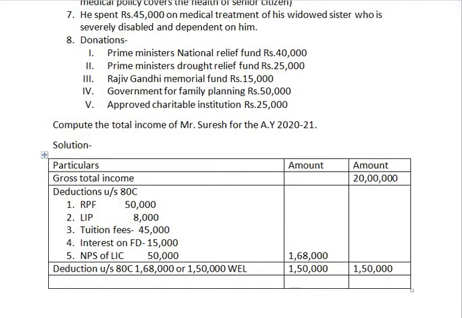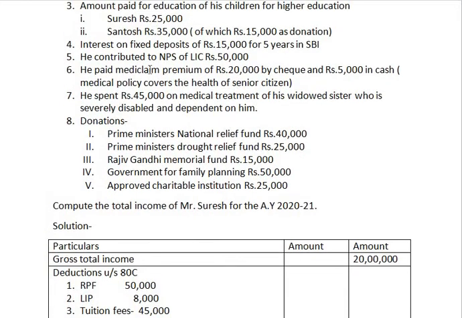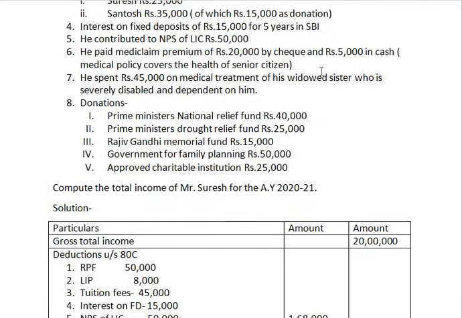Coming to next, we are provided information regarding Mediclaim premium of rupees 20,000 by check and 5,000 in cash. The medical policy covers the health of a senior citizen. So whatever amount is paid by check, that is 20,000 rupees, will be deducted.